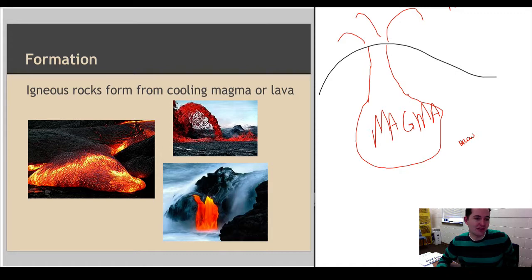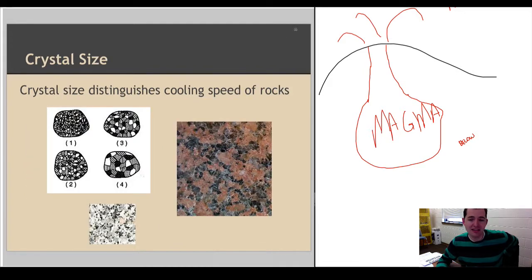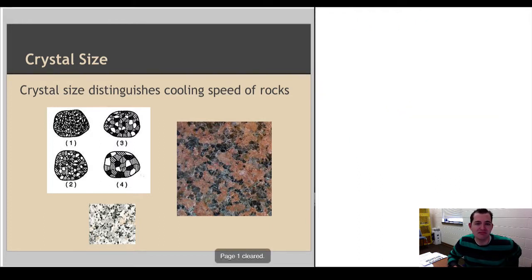Okay, so if we are then looking at our next slide, we're going to talk about crystal size. And we've got a few diagrams in here. Looking over here, we're looking at various different crystals inside of this rock. We have large crystals here, and much smaller crystals here.